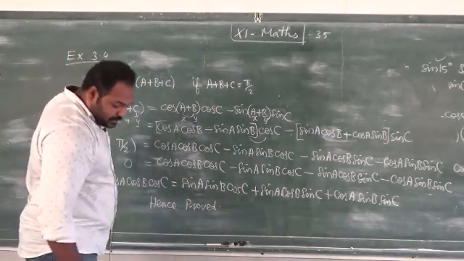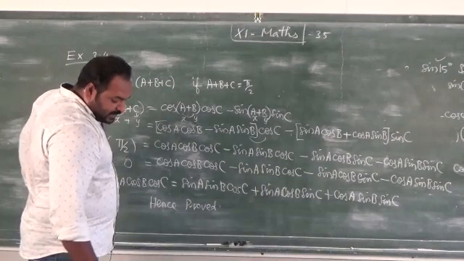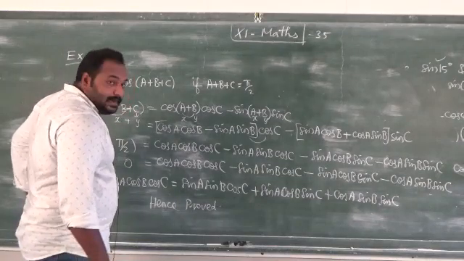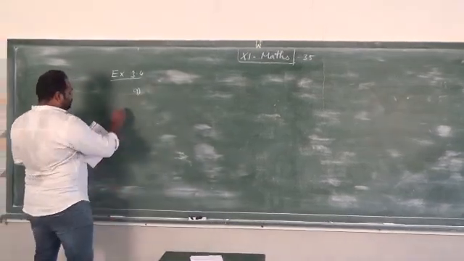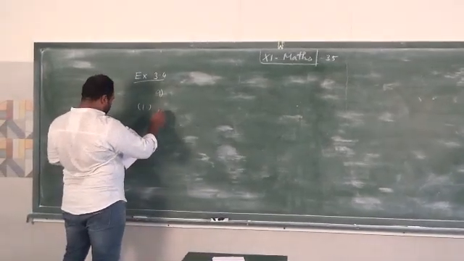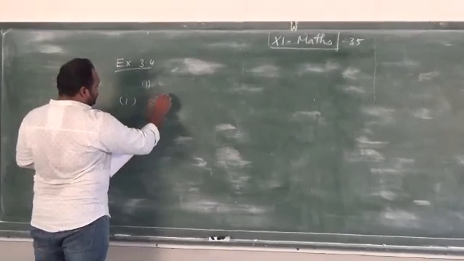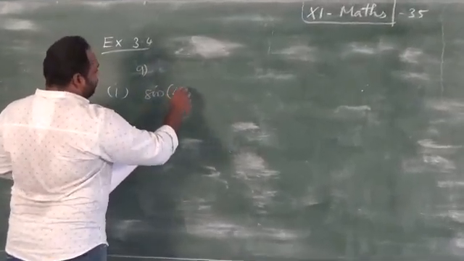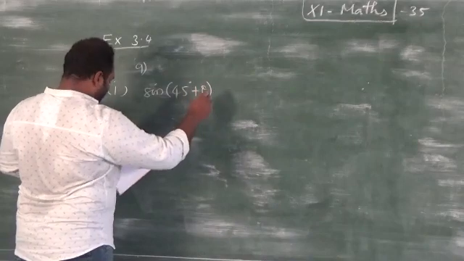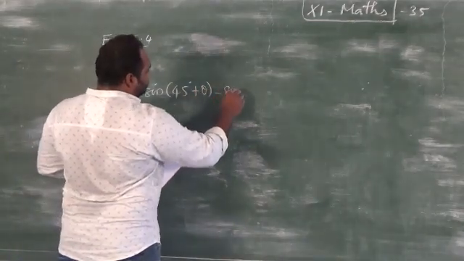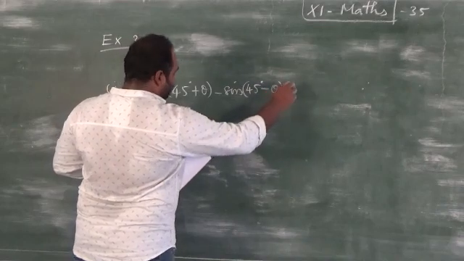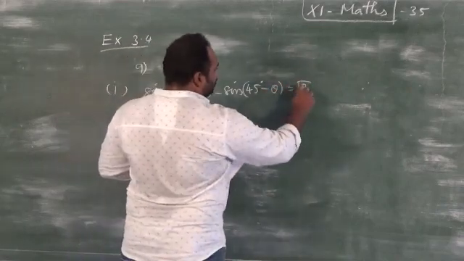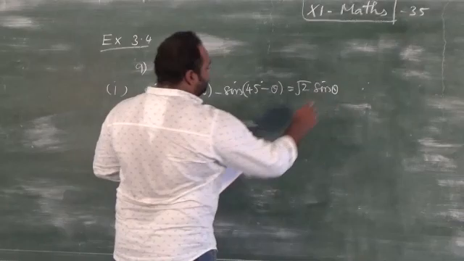So problem number 8 is over. Next, problem number 9. We have been given two subdivisions. The first one is sin of 45 degree plus theta minus sin of 45 degree minus theta equals root 2 sin theta.